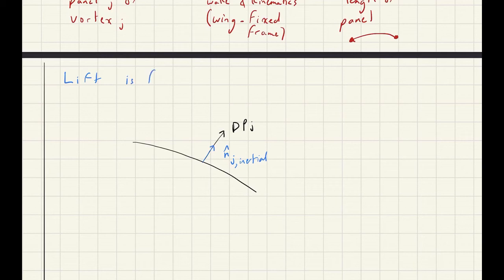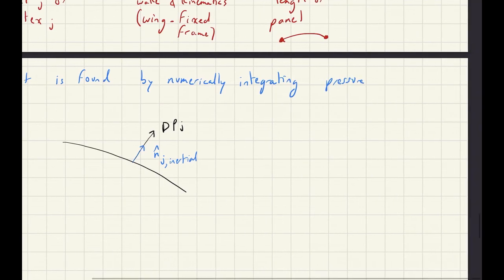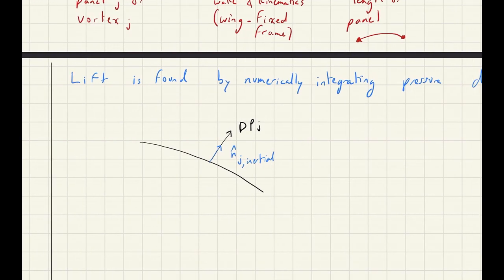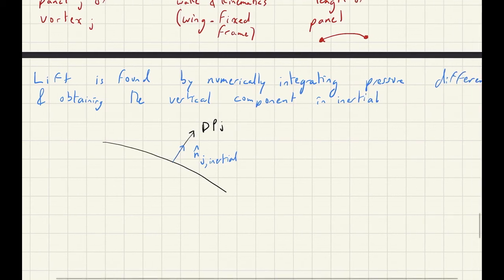So lift is found by numerically integrating the pressure difference and obtaining the vertical component in the inertial frame, because we are interested in lift, and lift is defined as the vertical force in the inertial frame.